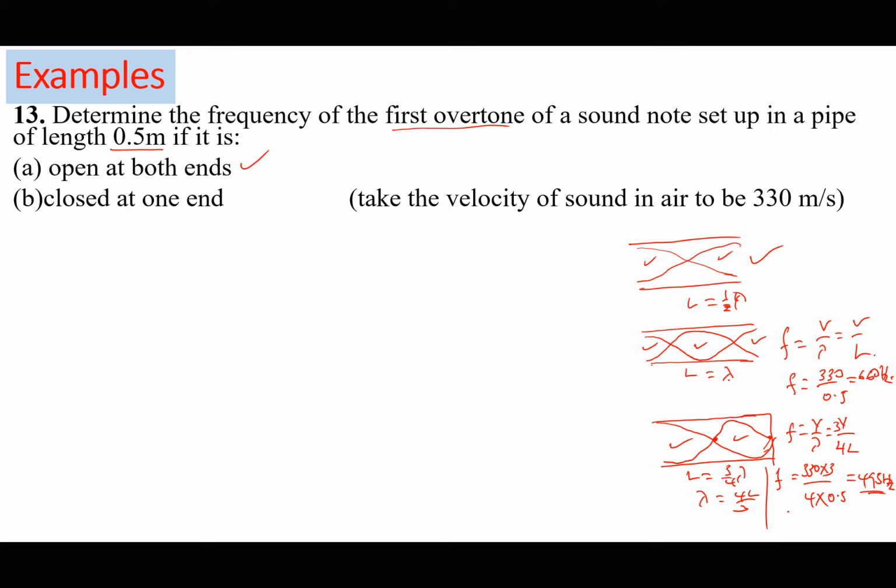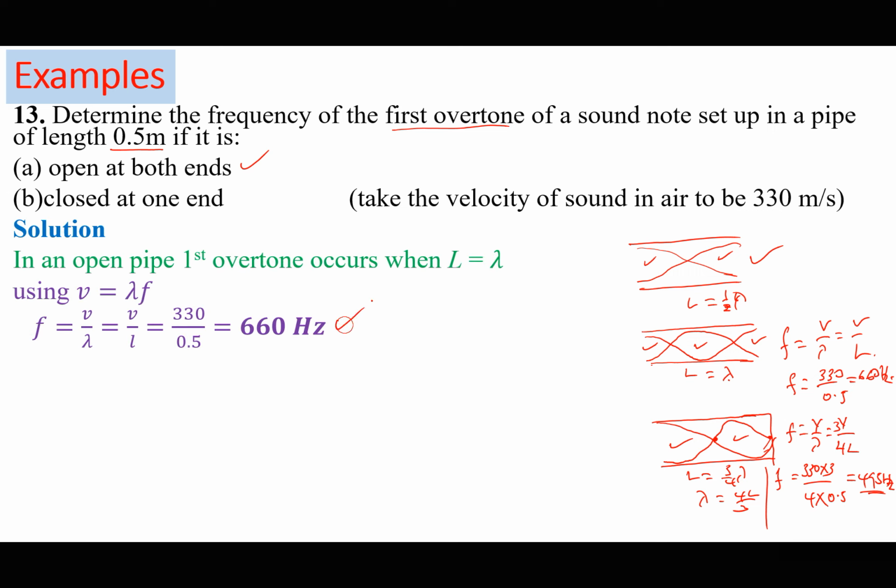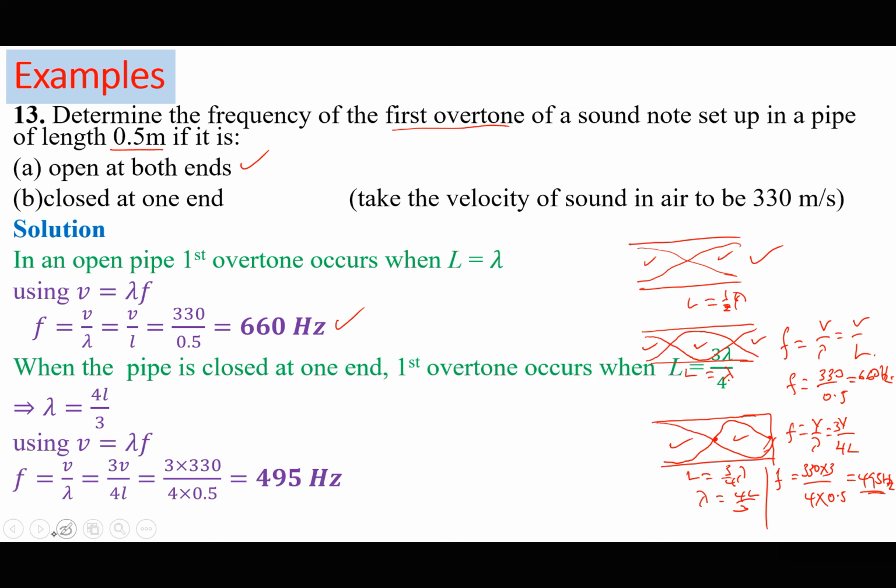In most cases, the quality of sound produced in an open pipe is better than that produced in a closed pipe. Okay, so I think these frequencies are obviously correct. And that is very, very important for us to note every time.